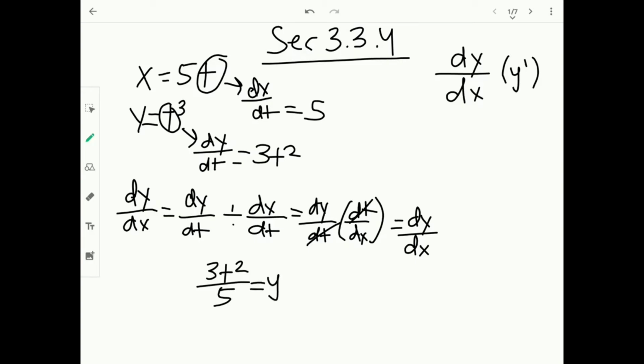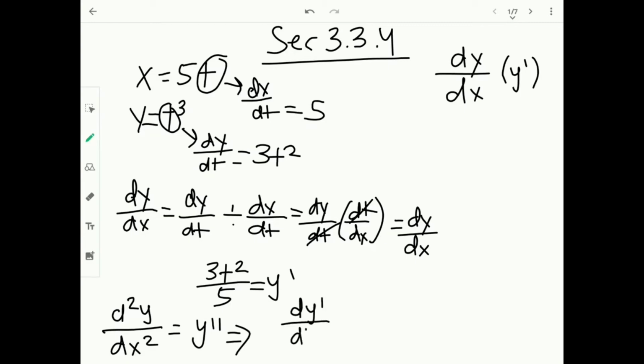This equals y prime. Well, sometimes they ask us for d squared y over dx squared, also known as y double prime. Now the formulas that I'm using here are a bit different from the book, but this makes it very easy to work out. Well, the formula for this is dy prime by dt, all of this over dx over dt. So dx by dt remains a constant denominator, and you have to derive y prime.